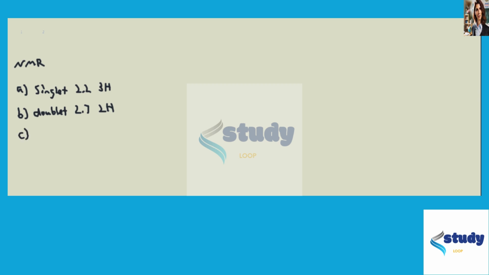Signal C, we have a singlet at 3.2 that integrates to 6 protons. And signal D is going to be a triplet at 4.8 that integrates to 1 proton.